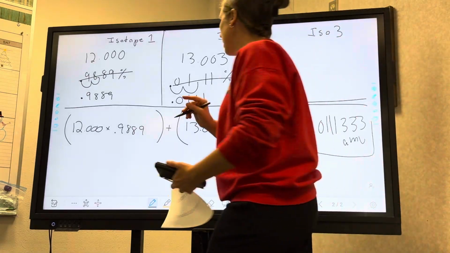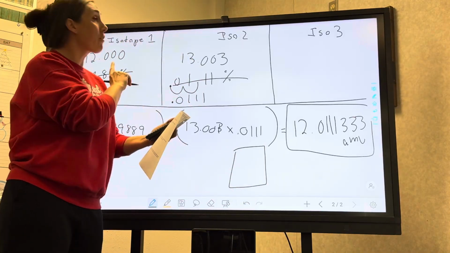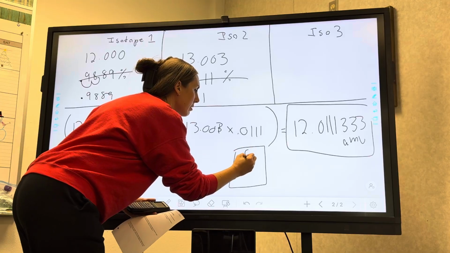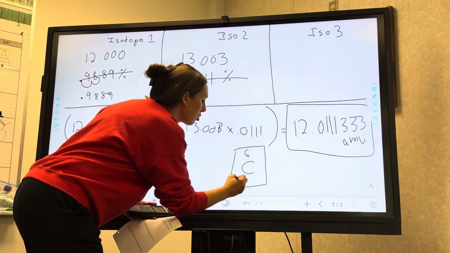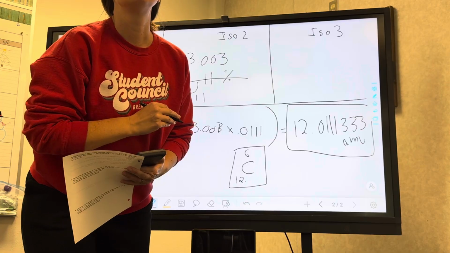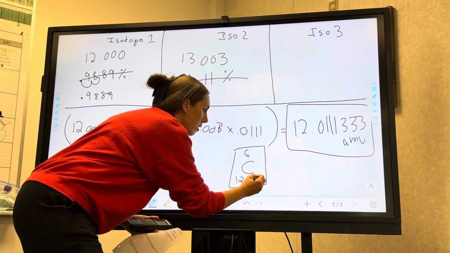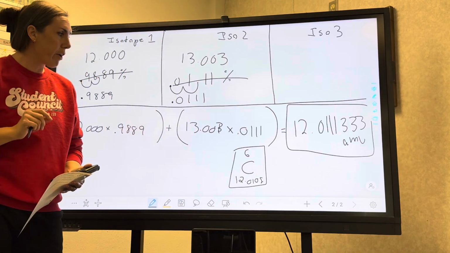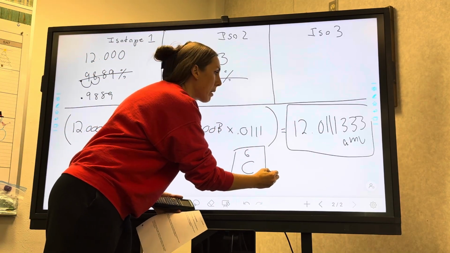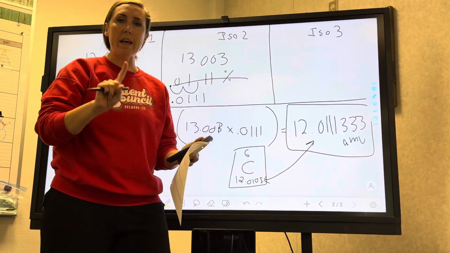Now when I look at my periodic table and draw my box, I see for carbon, 6C, 12.0108. Y'all, that is very, very close. I know it's correct when that atomic mass on my periodic table is very similar here. Okay, so that's question number 1.